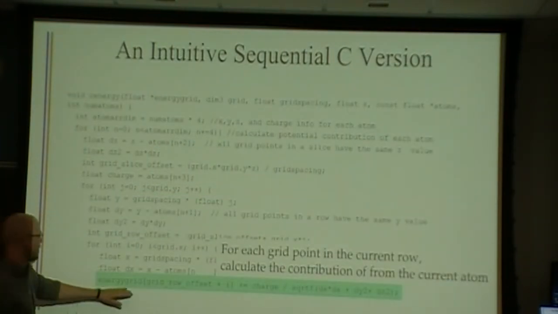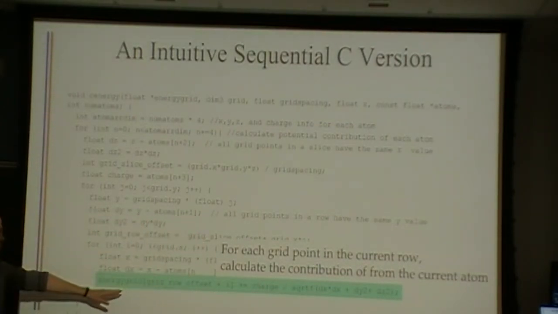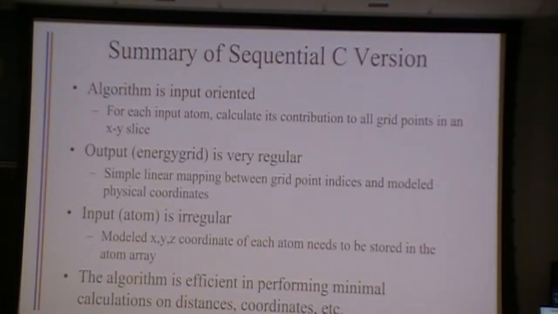But here we go, we've computed the charge, and we just divide it by the distance and add it to our regular output offset. So again, it's input oriented. For every input atom, we're calculating its contribution to all points in the output potential map.